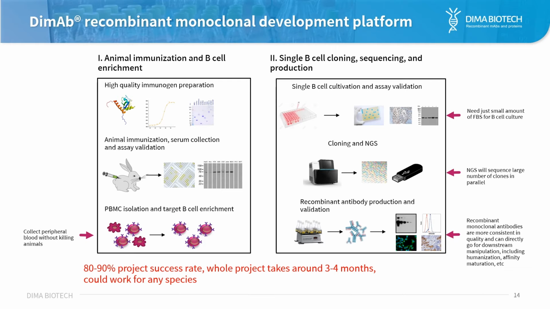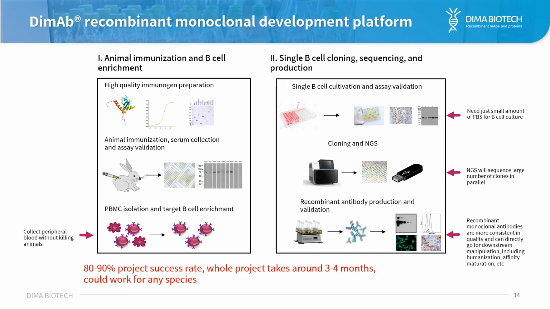After identifying the positive clones, we clone the IgG gene directly from these B cells by PCR cloning and next-generation sequencing. After cloning the gene, we express the recombinant antibody in HEK293 cells and do in vitro assays.